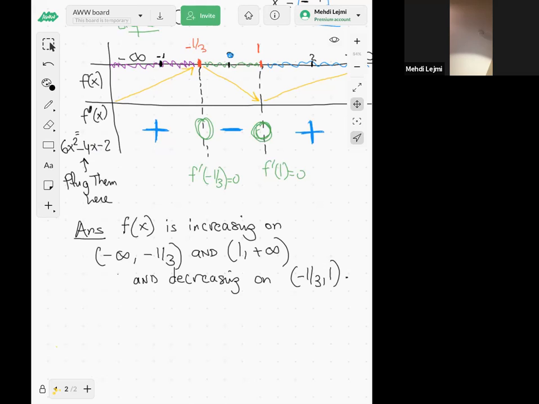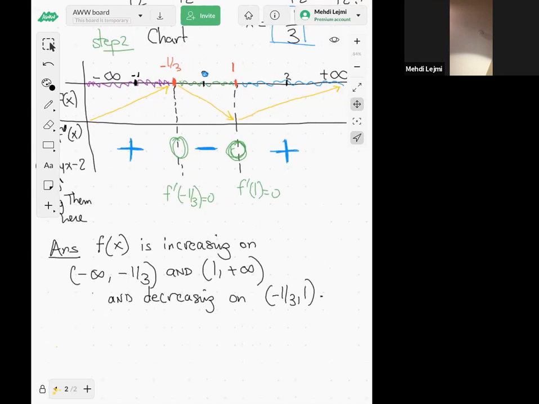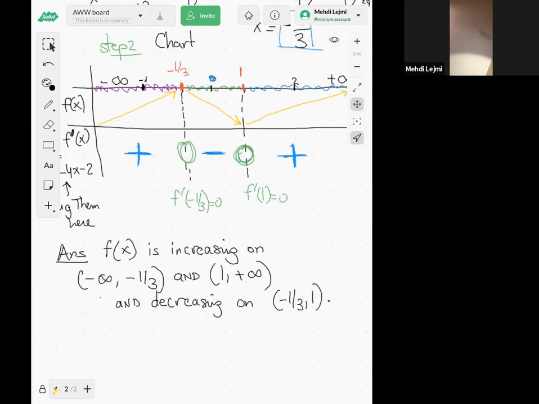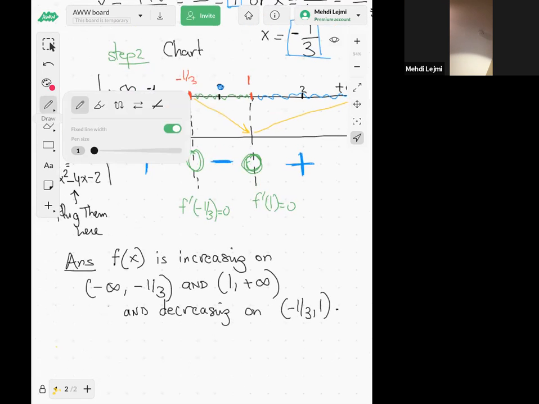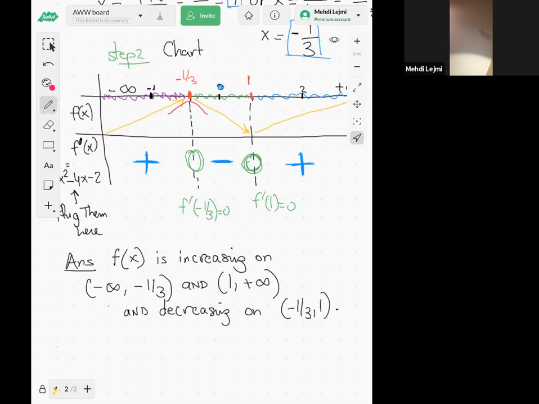So this is for when the function is increasing or decreasing. Now we want to find the local maximum and the local minimum, right? You can even see it from the chart. In this chart, we are saying that your function is increasing and then it's decreasing, right?